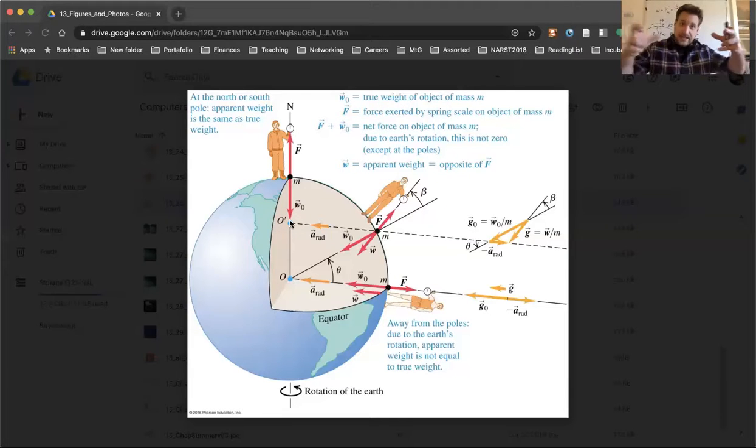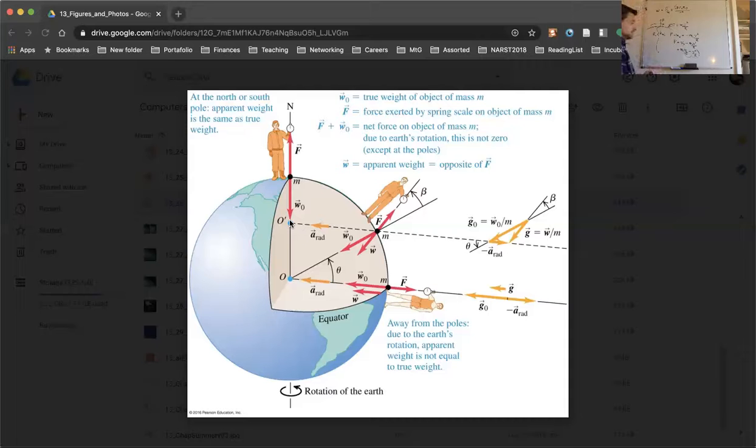It points radially inward of the circle that is all at the same latitude. So that radial acceleration is perpendicular to the axis about which we're rotating, not in the same direction as the force due to the gravitational attraction between the Earth's mass and the actual rotating mass. So there's a directional problem there too.